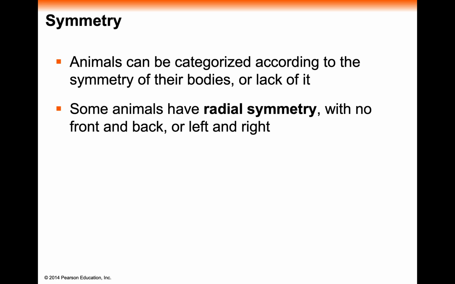Any side can be forward, and with a jellyfish, that's very true. There's definitely an up and a down, but there's no front or back, and so food can come from any direction. It can move in any direction. If you think of sea anemones, they just kind of sit there, and food can come from any direction, and it can sting it and capture it.